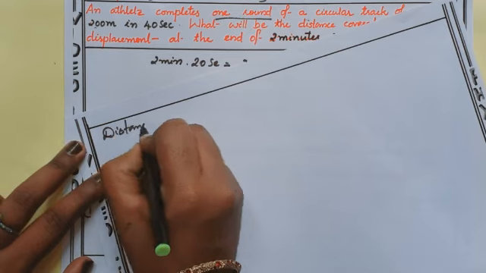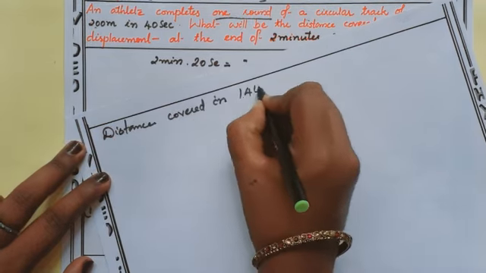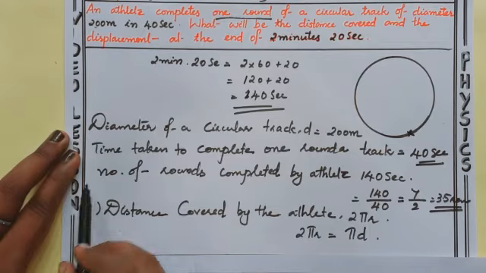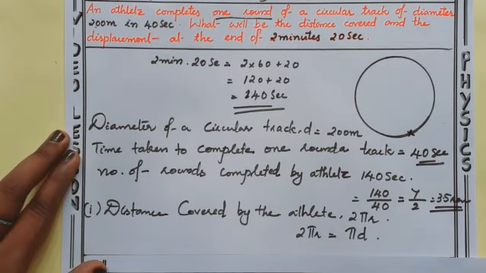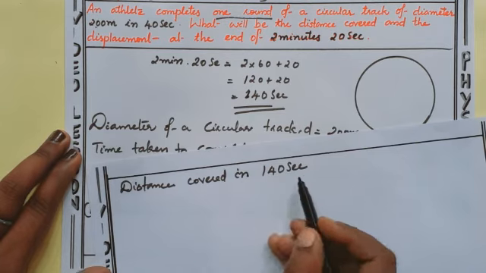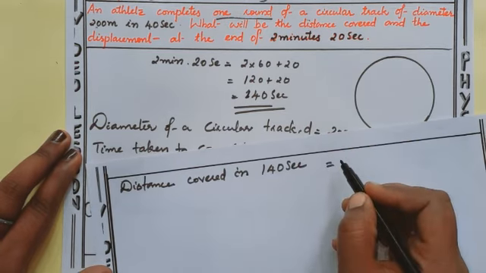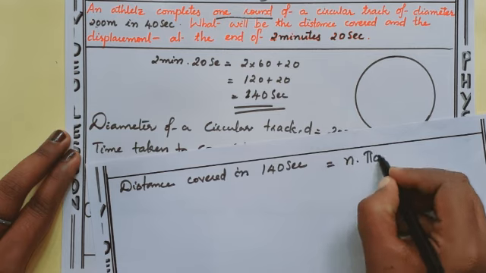Here we are going to find out the distance covered by the athlete in 140 seconds. We need the circumference, so the number of rounds into pi d.